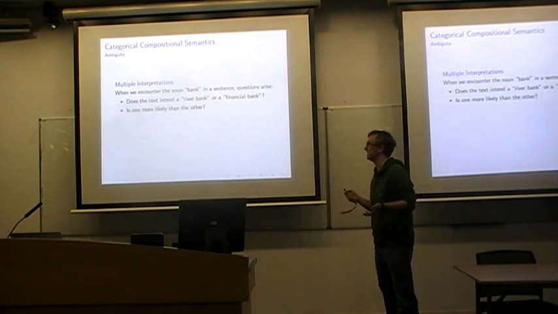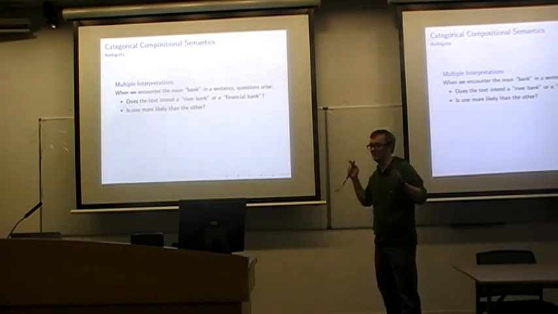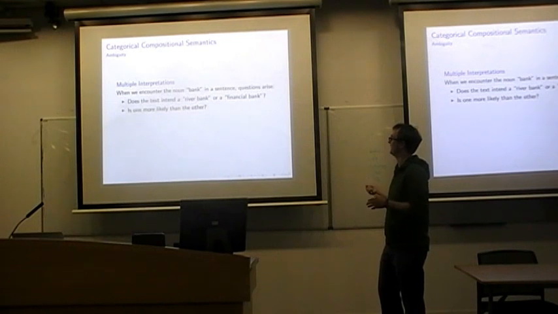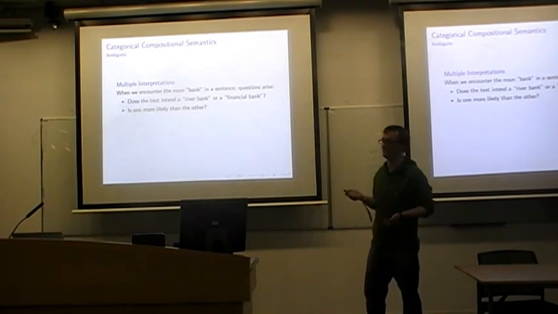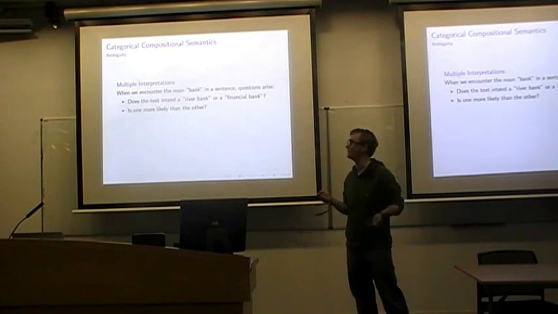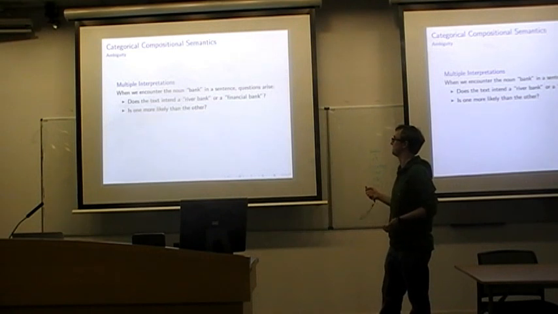And then the next thing is, is one of these interpretations more likely than the other? That seems likely to be true. If we're reading Wind in the Willows, then we might lean towards the riverbank, and if we're reading the Financial Times, then we might lean towards the financial bank. So clearly the context is going to tell us something about some sort of probabilities relating these two things.